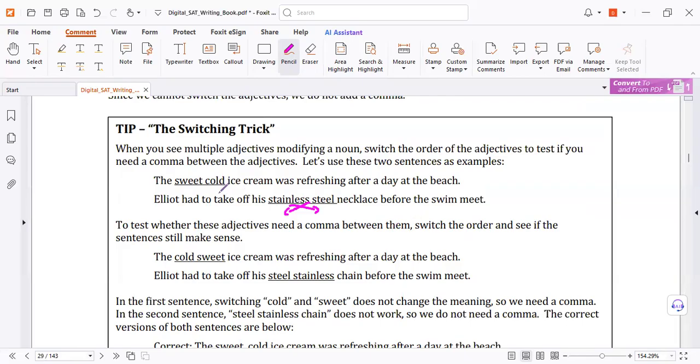No, the second one is no. Sweet cold ice, the cold sweet ice. So sweet ice: do we have something called sweet ice? Or cold ice cream that can be sweet. That means you don't need a comma.